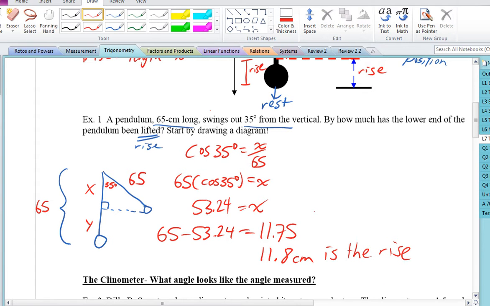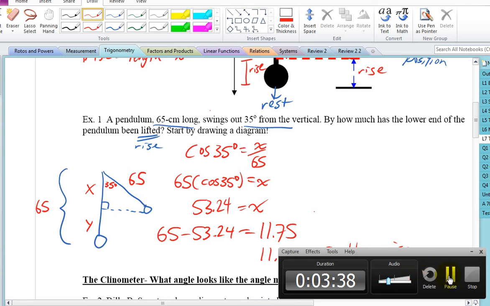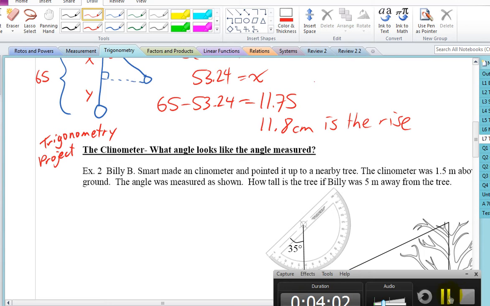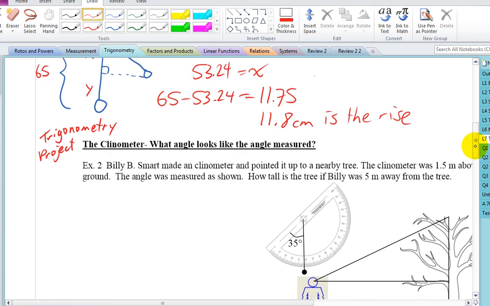Okay, nice, neat, tidy. So next we have the clinometer. This is what you want to look at for your trigonometry project. So just Google clinometer and I'll show you by putting these in the right spot.